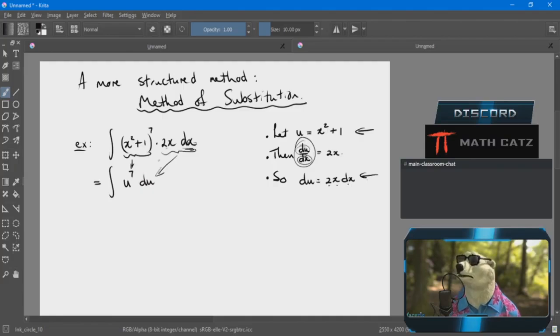So different portions become different things, but in here, notice that I have no x anywhere. No x features in this new version. And these are exactly the same. The difference is in how they look and how convenient they are to work with.